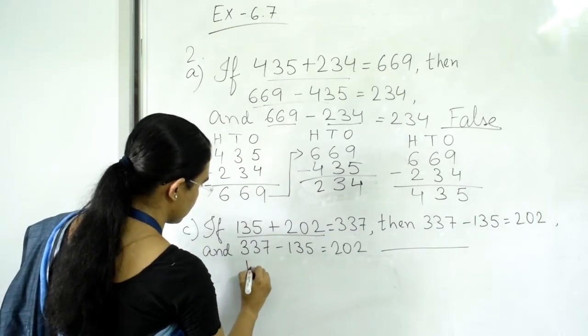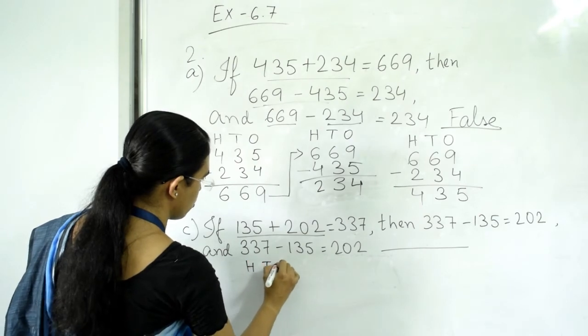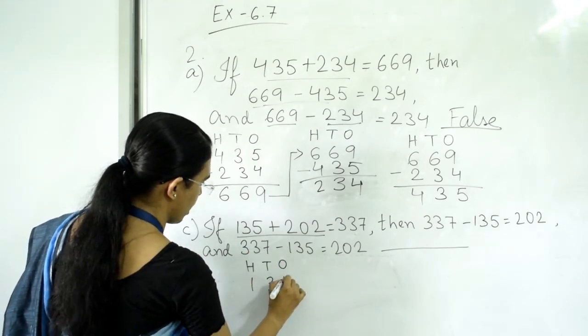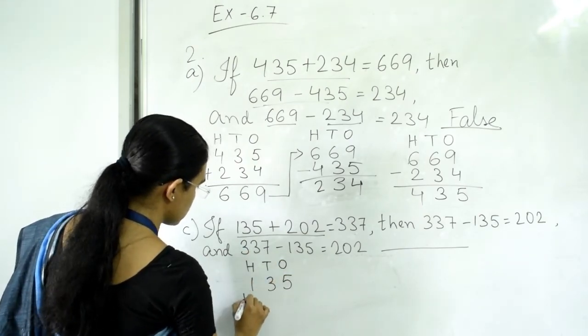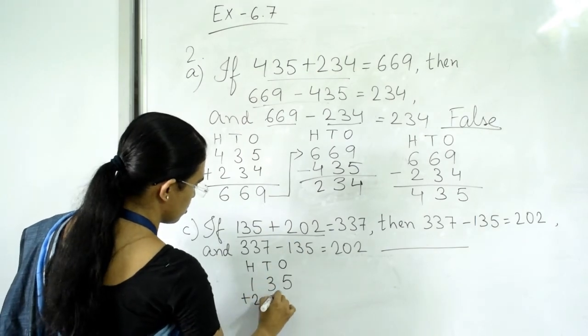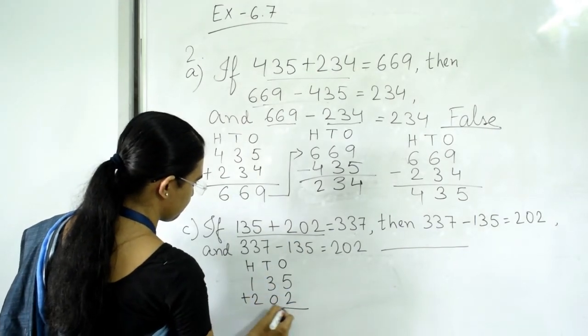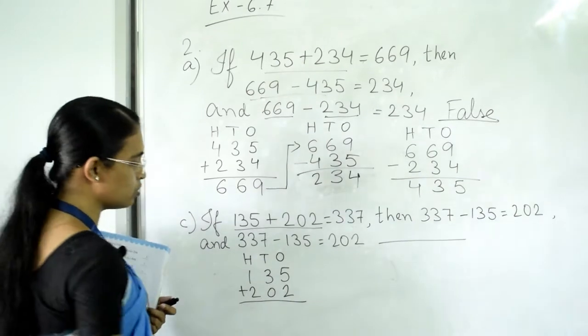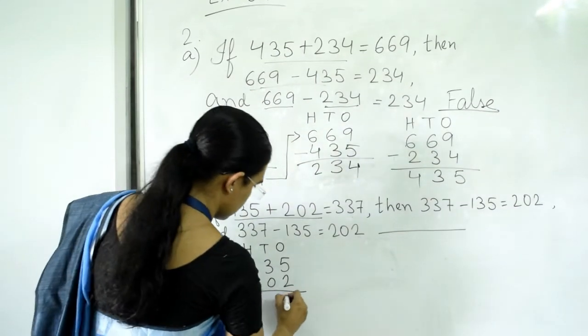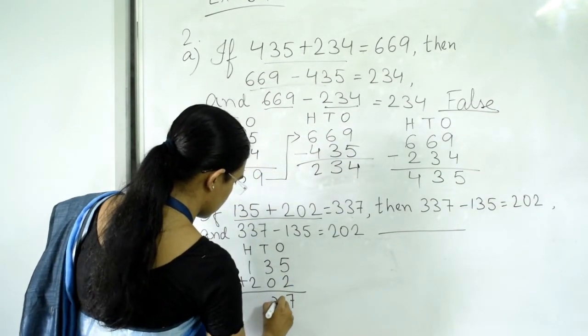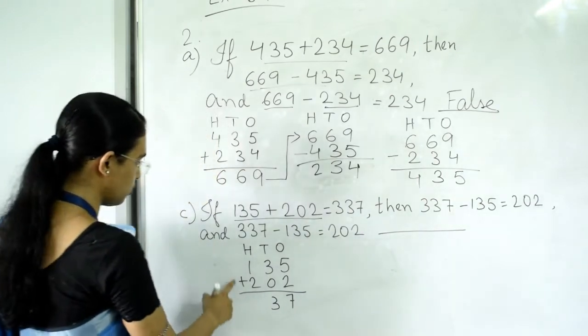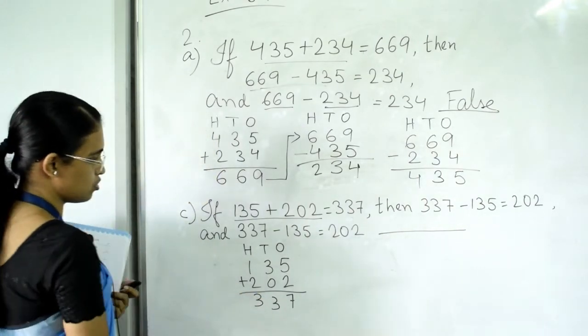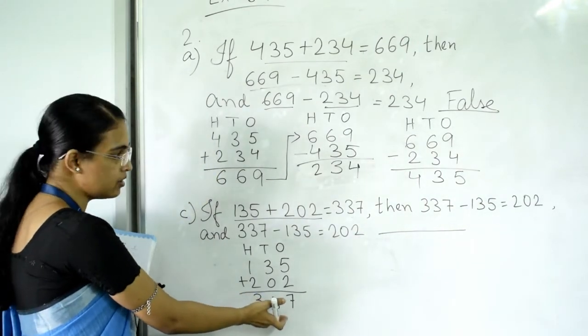So for that, first write H2O, then 135 plus 202. 5 plus 2 is 7, 3 plus 0 is 3, then 2 plus 1 is 3. So the answer is 337.